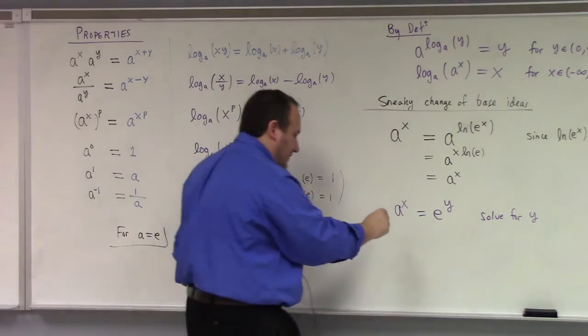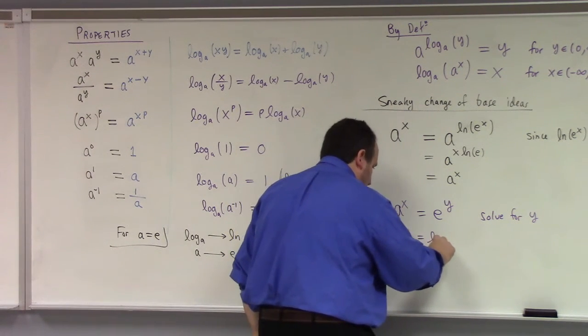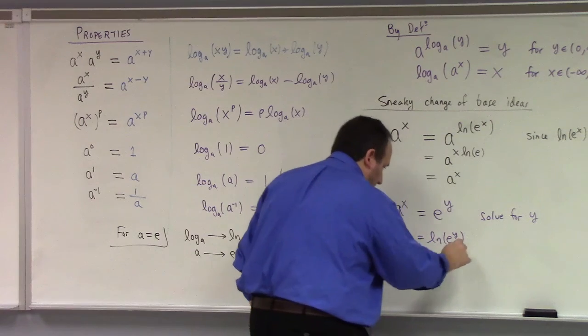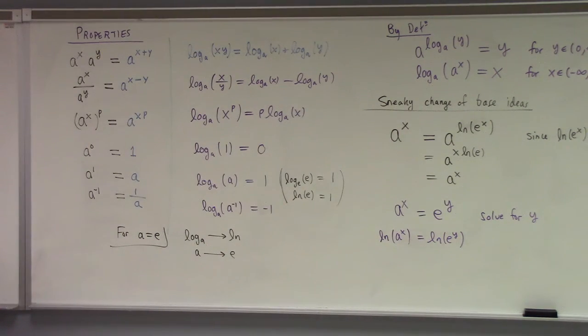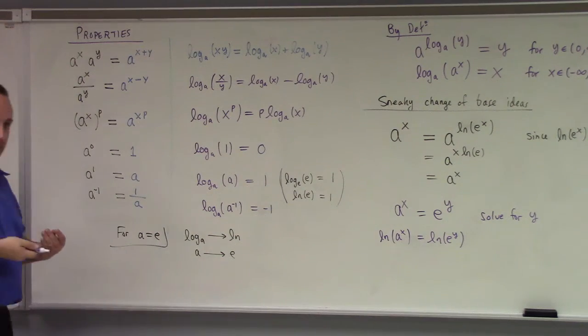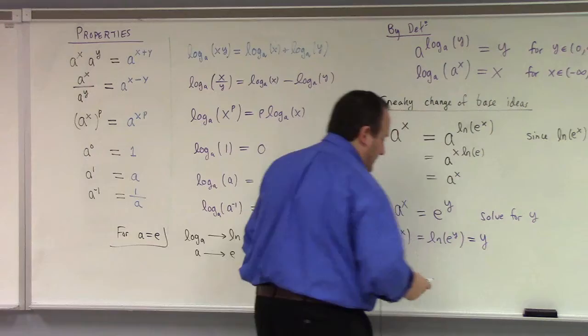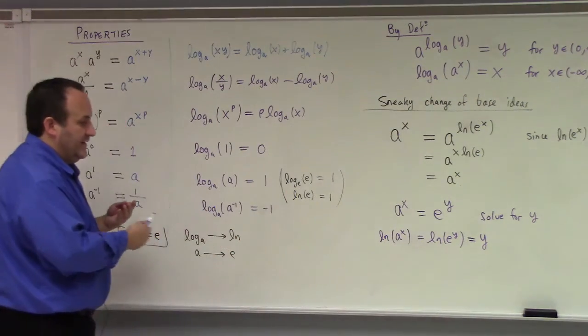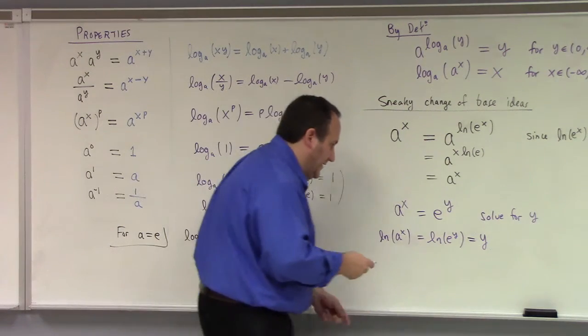So natural log of a to the x equals natural log of e to the y. But natural log of e to the y is just y again, okay? Because the natural log and the exponential are inverse functions, so they just cancel each other out.